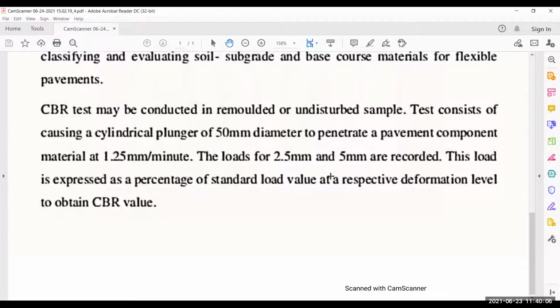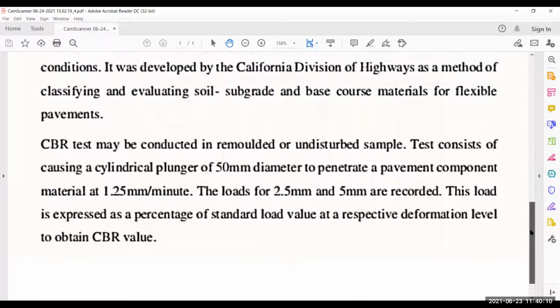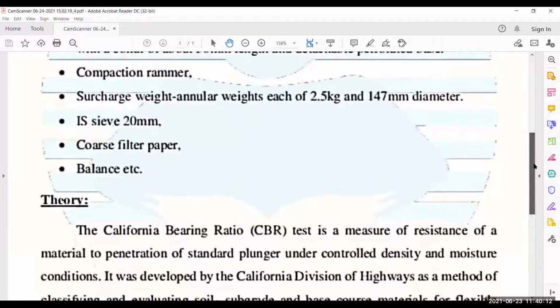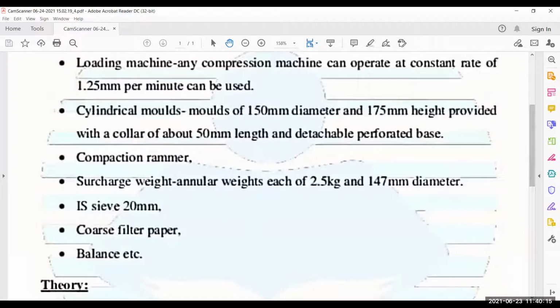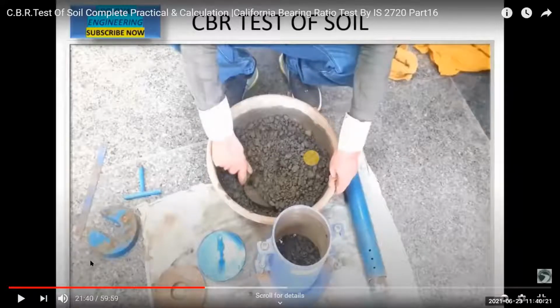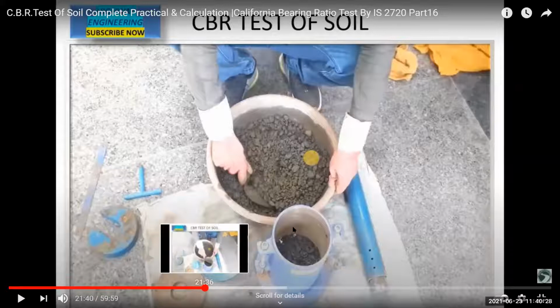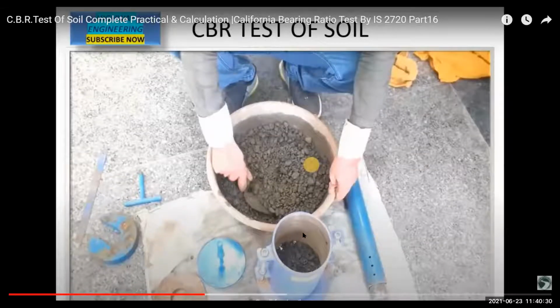Next, if you see, this is our cylindrical mold, and in this cylindrical mold we fill the prepared soil sample.